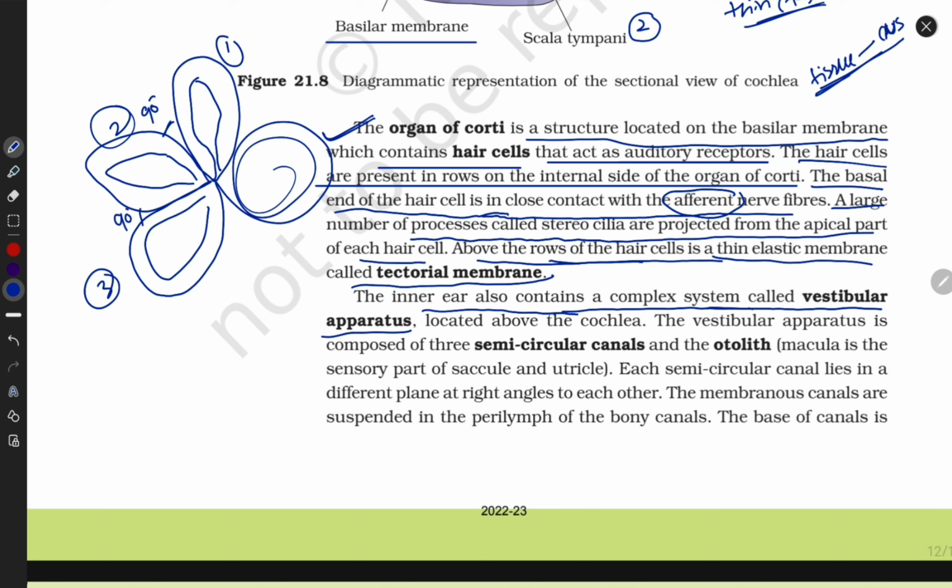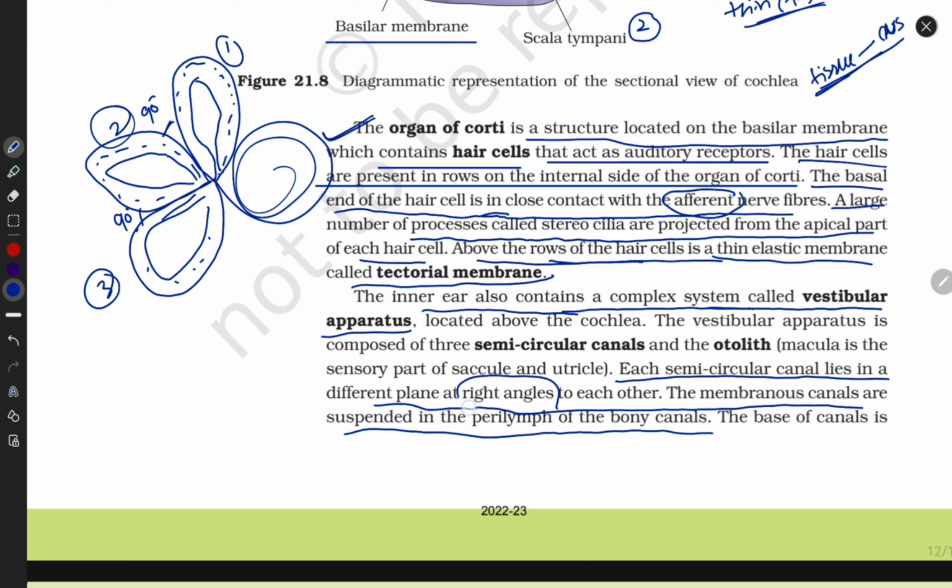Alright, what do they sense? Air and sound waves. They are filled with perilymph liquid and also endolymph liquid. Alright guys, let's start. Each semicircular canal lies in a different plane, at right angles to each other, and the membranous canals are suspended in the perilymph of the bony canal. They lie at a particular angle.